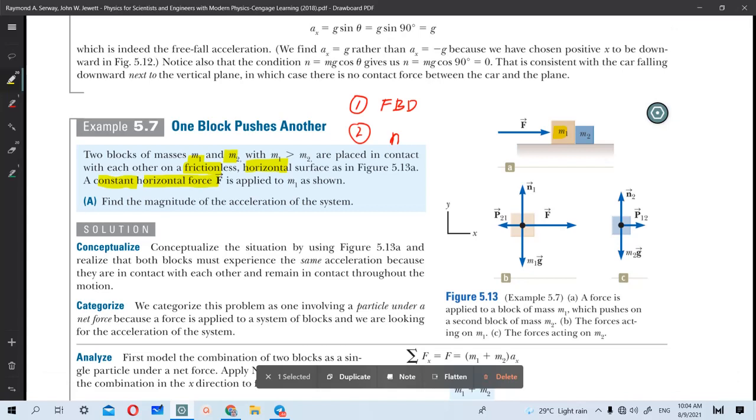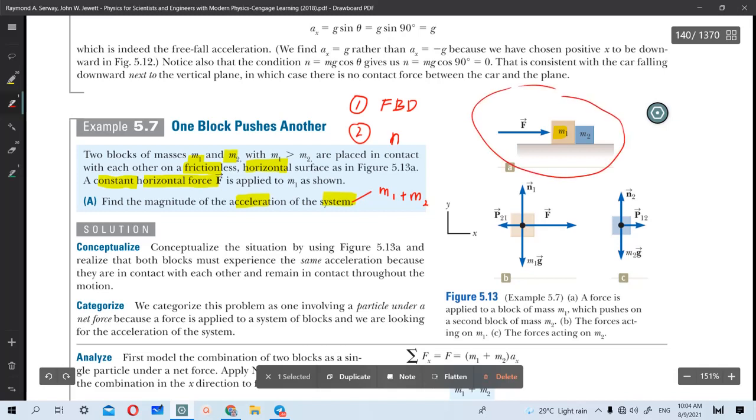Find the magnitude of acceleration, number 1, of the system. When it says system, it represents what will be the acceleration for both. So together, they are a system.